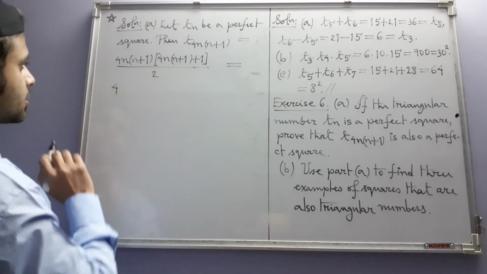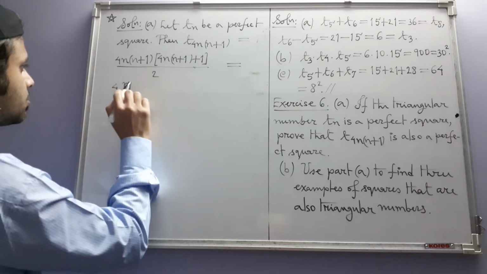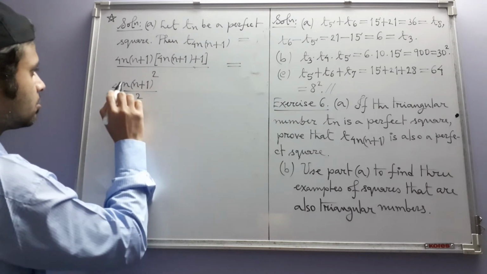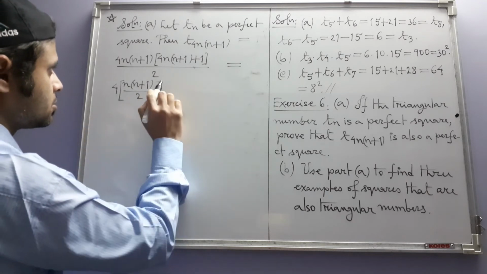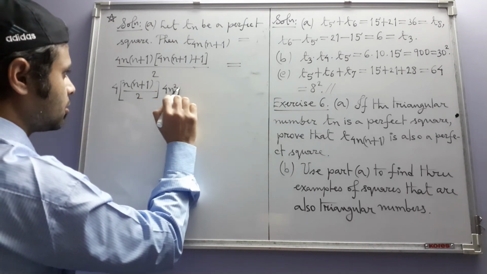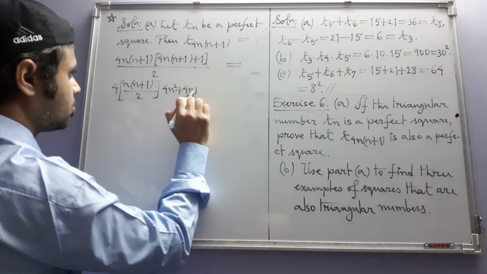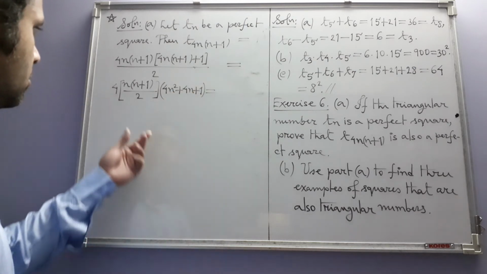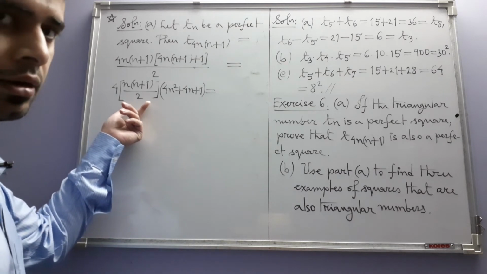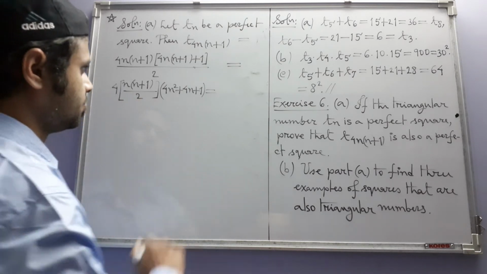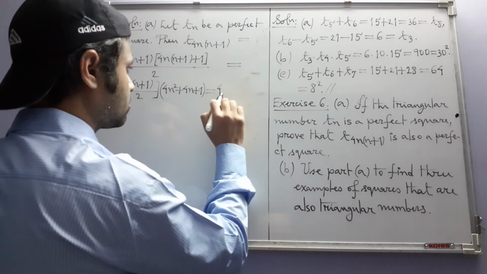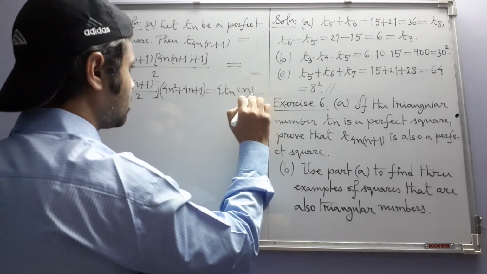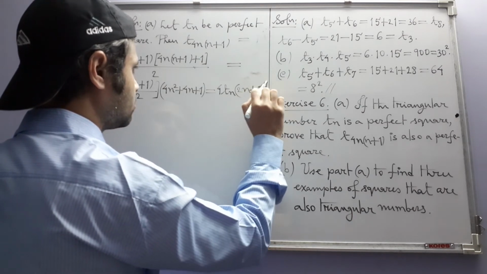Note that this expression can be written as this times 4n square plus 4n plus 1. So this part is Tn, this is 4, and this part is 2n plus 1 whole square.